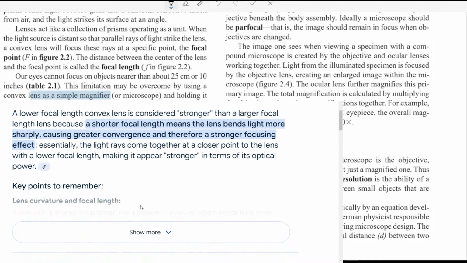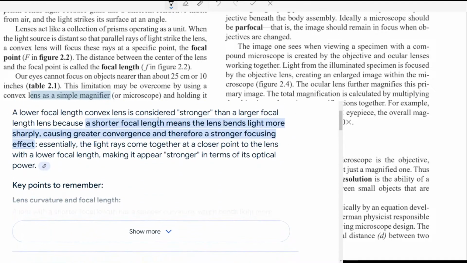Let's see, it is considered stronger than the larger focal. What the heck? Oh, sorry, I mixed it. So the lower it is, the better it is. Then I get it.